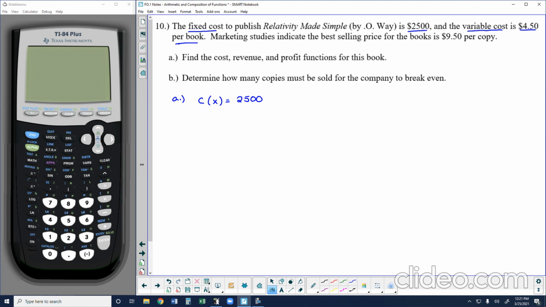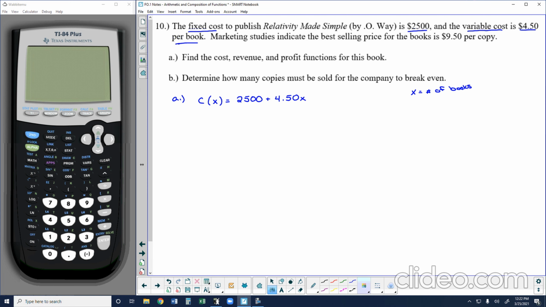The variable cost means that number could fluctuate depending on, in this case, how many books are being made. So what we don't know is how many books are being made. So let's let x be the number of books. And we're going to assume that the number of books that are made and sold are the same. So $2,500 is the fixed cost plus $4.50 per book, so 4.5 times x. This function represents cost.